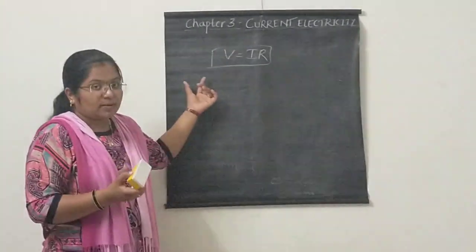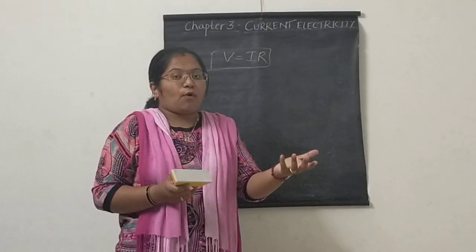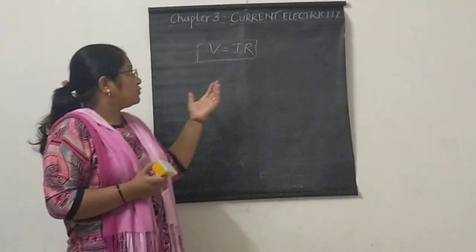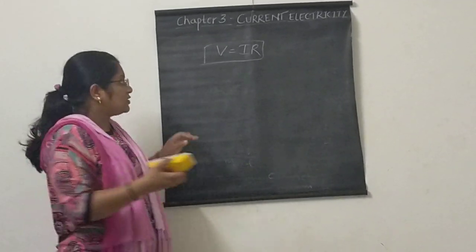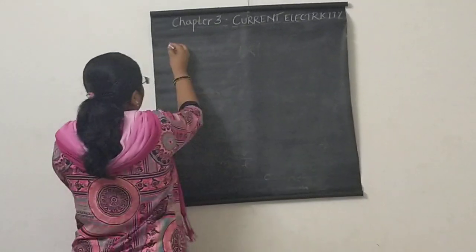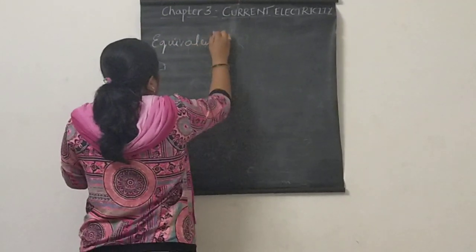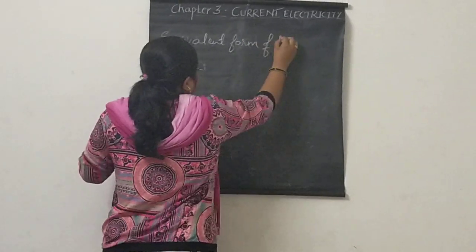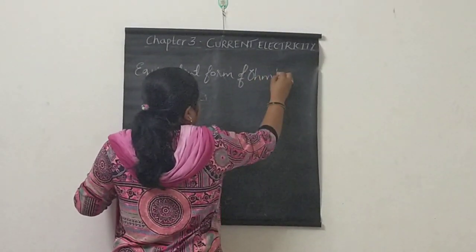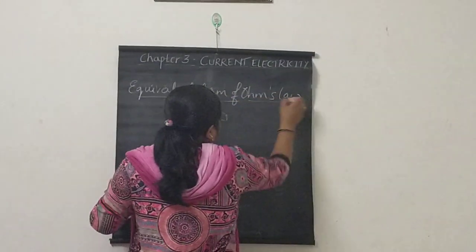So here I am going to tell you one new form of Ohm's law. Instead of using V equals IR, we can use another expression, which is called the equivalent form of Ohm's law. Without changing the meaning, we study Ohm's law in a different form.